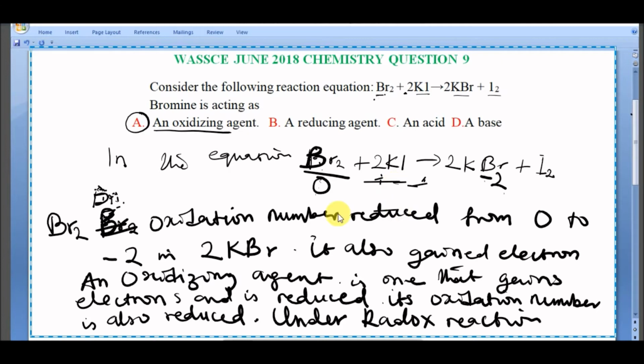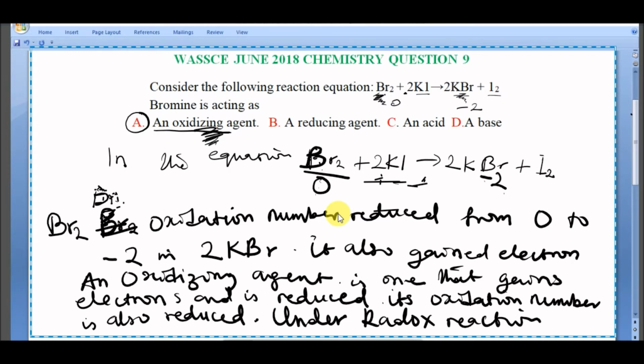So once a reactant is having its oxidation number reduced, you say that reactant is an oxidizing agent, and that's why we say that bromine is an oxidizing agent here, because the oxidation number is reduced from 0 to -2.